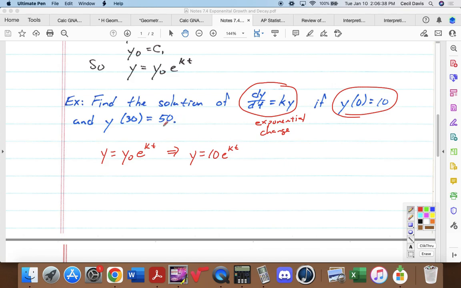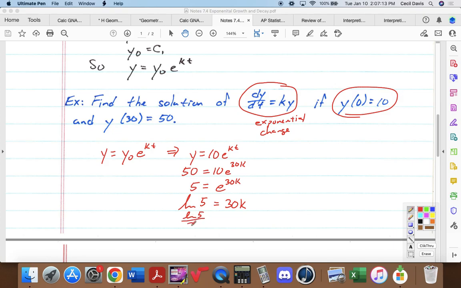The value of y when t is 30 is 50. So substituting that in, we get 50 is 10 e to the 30k. Dividing, we have 5 is e to the 30k. Taking the natural log of both sides, we have the natural log of 5 is equal to 30k.